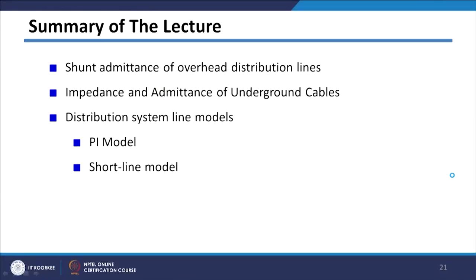Okay, in summary of today's lecture, we started with shunt admittance, and we have seen how we can calculate shunt admittance for overhead distribution lines. In this case also, first we have to get the primitive potential coefficient matrix. We derived the equation for each of the potential coefficients, and from that we can build this potential coefficient matrix.